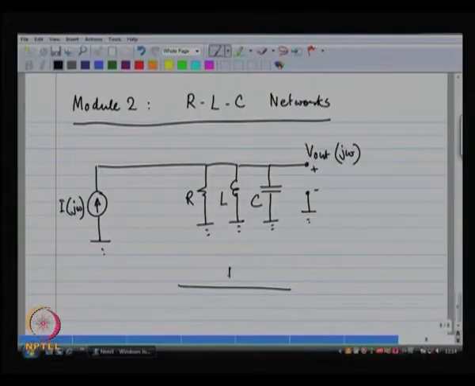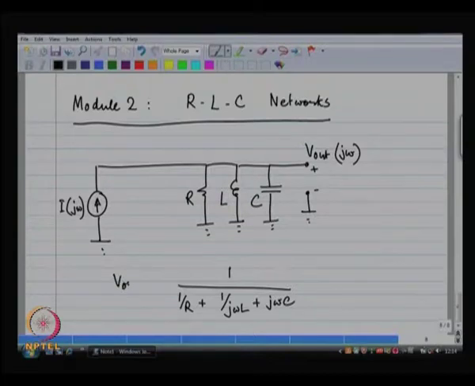So, the combined parallel impedance is 1 by R plus 1 by j omega L plus j omega C. This is the combined parallel impedance.